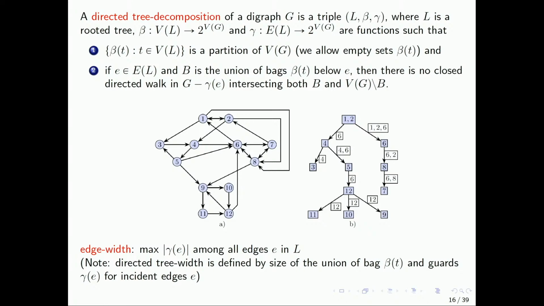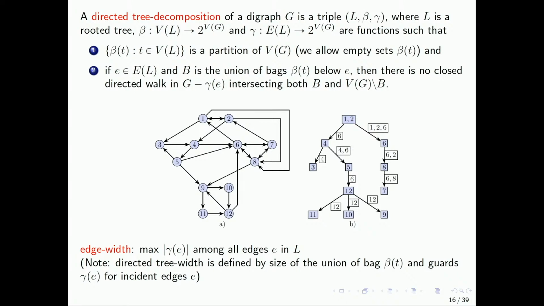And to define the directed tree width, we usually consider that for every node, you take a union of this bag and all the guards on the incident edges. And then the maximum among all of them will be the width of the decomposition, and the directed tree width is the minimum width among all decompositions.